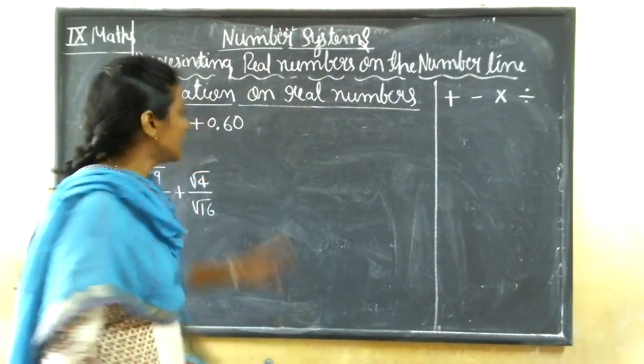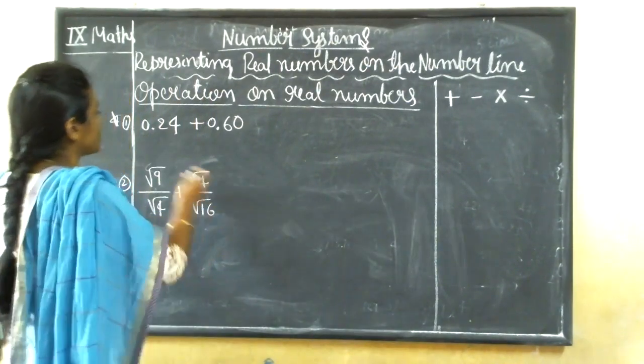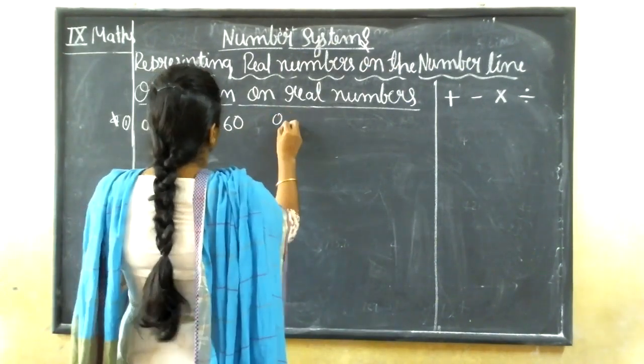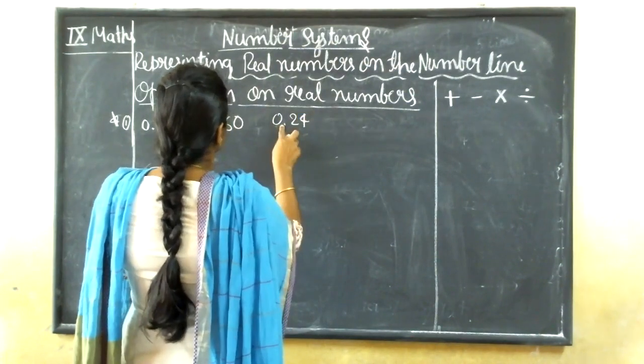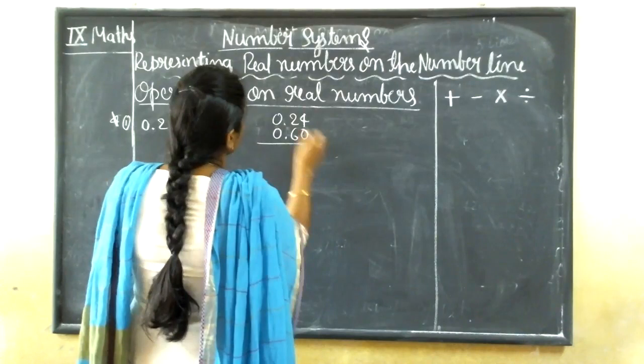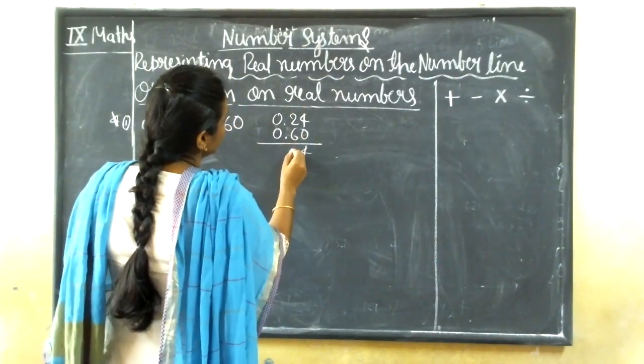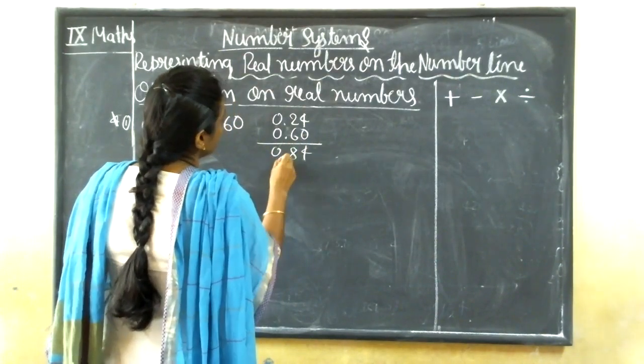Here these two are decimals. I'm just going to add them. How are we going to add them? 0.24 and 0.60. When you add them, what will we get here? 4, and here this will be 8 and 0.